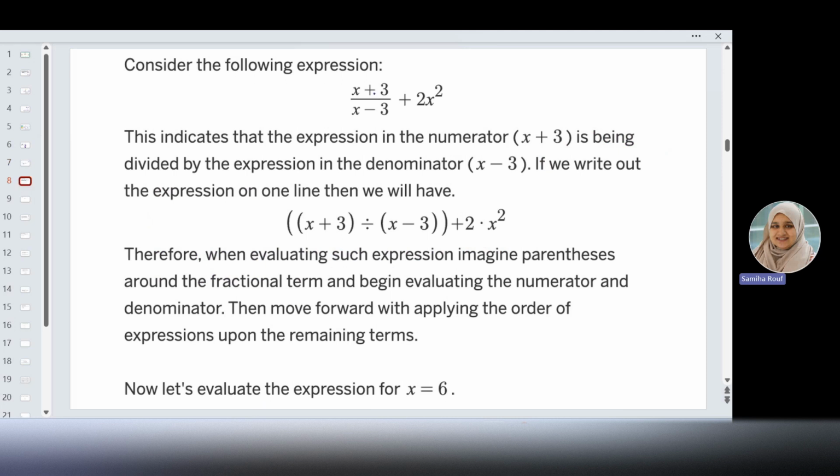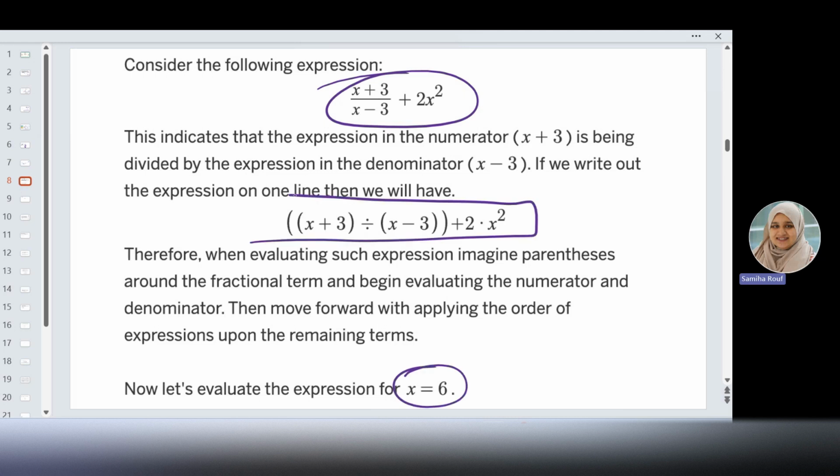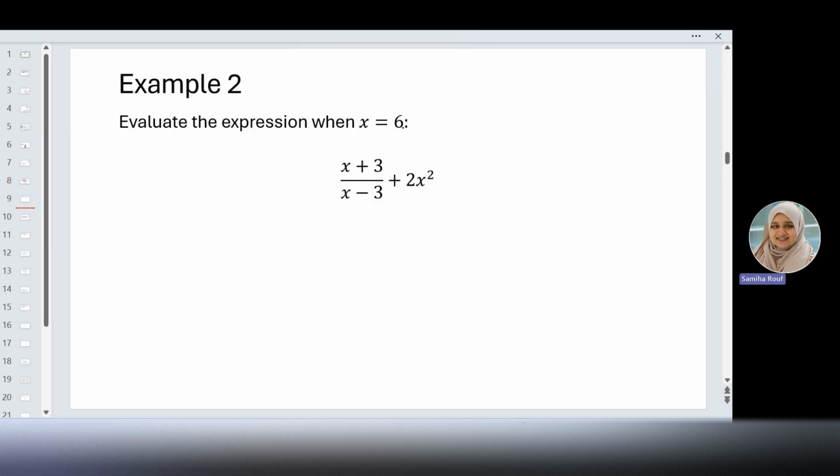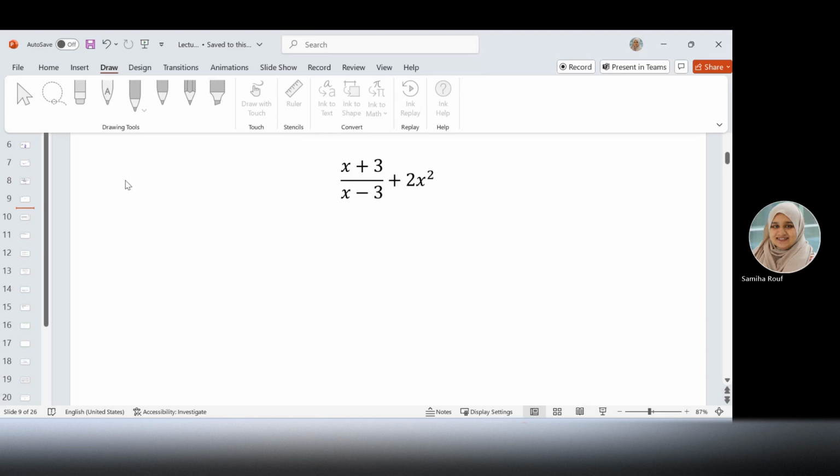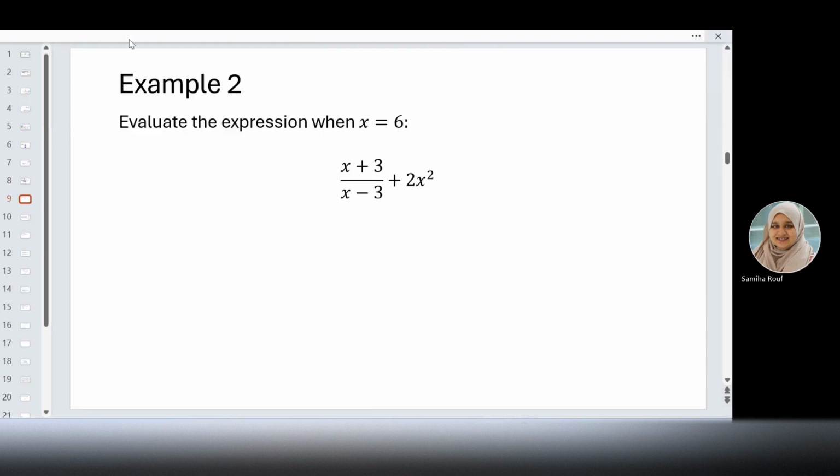So we're going to now take this expression and evaluate it for 6, keeping in mind the fact that this expression becomes this. Okay, so I'm going to put a 6 wherever I have x. (6 + 3) over (6 − 3) plus 2 times 6 squared.